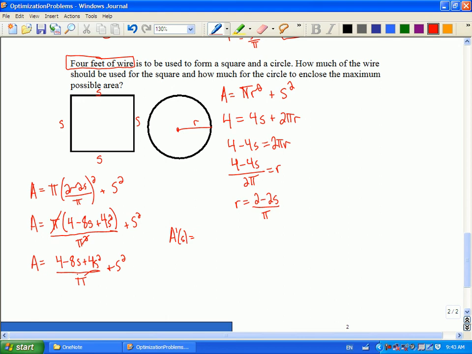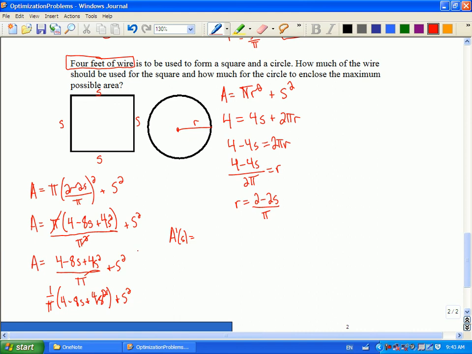Okay, this piece here is just a constant. So this pi, you could think about it like 1 over pi times 4 minus 8s plus 4s squared.